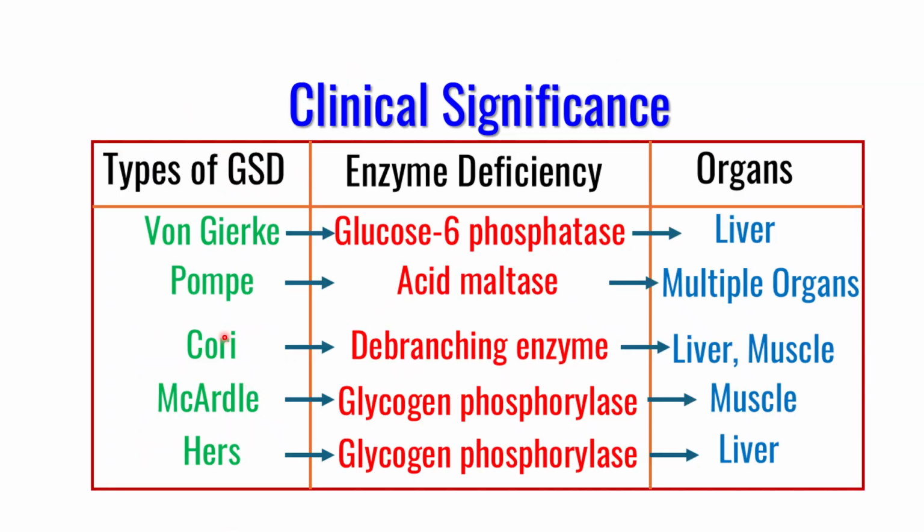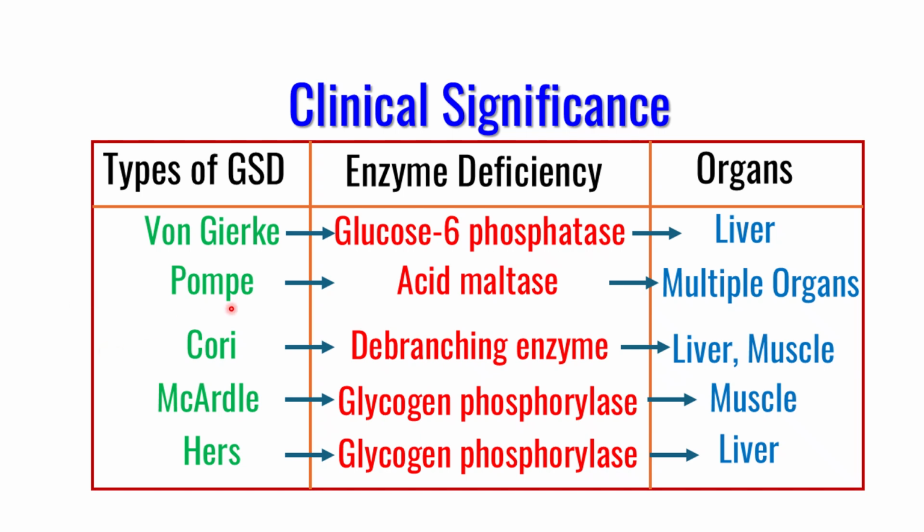Glycogenolysis is clinically very important because deficiencies in its enzymes lead to a group of disorders known as glycogen storage diseases. These conditions can affect multiple organs, a few organs, or specific tissues depending on the enzyme involved. For example, von Gierke disease is associated with glucose 6-phosphatase deficiency in the liver, and therefore it is associated with hypoglycemia.